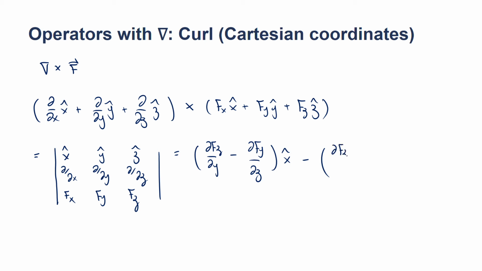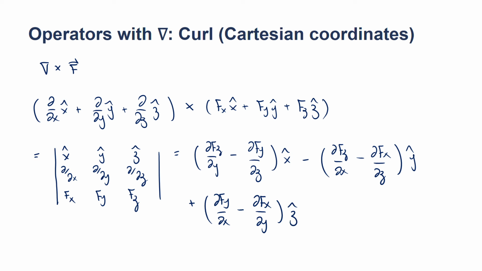So now we take the partial derivative of f sub z with respect to x and subtract the partial derivative of f sub x with respect to z, and this will be the y component. And then for the z component, we're back to a positive term, and we do the subdeterminant on the bottom left, which is the partial derivative of f sub y with respect to x minus the partial derivative of f sub x with respect to y, and attach the z unit vector. And this is the definition of curl that you'll find on a reference sheet, for example, and it can be derived very easily using this determinant.